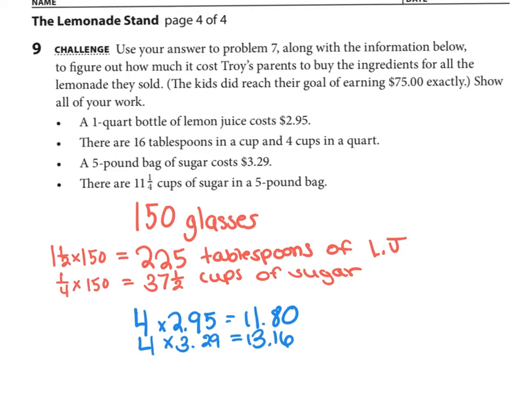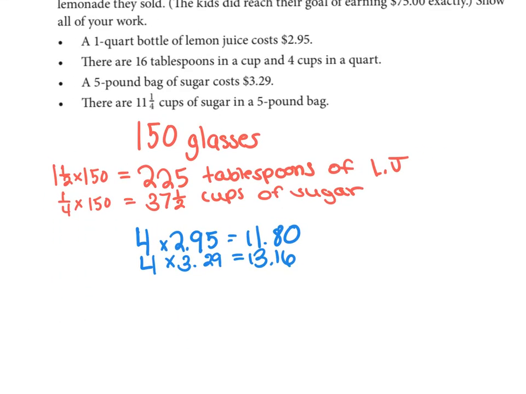Add both of those together, and we have a total cost for these 150 glasses of lemonade, $24.96. We're not going to take the cost of water into effect. We're going to pretend the water costs nothing. So the answer to this challenge would be $24.96, and that's all for this homework.